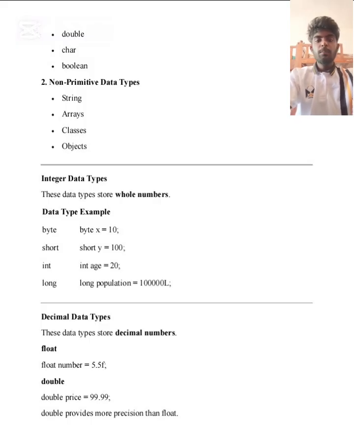One important point is that double provides more precision than float. Therefore, both can store decimal numbers, but they provide different levels of precision.